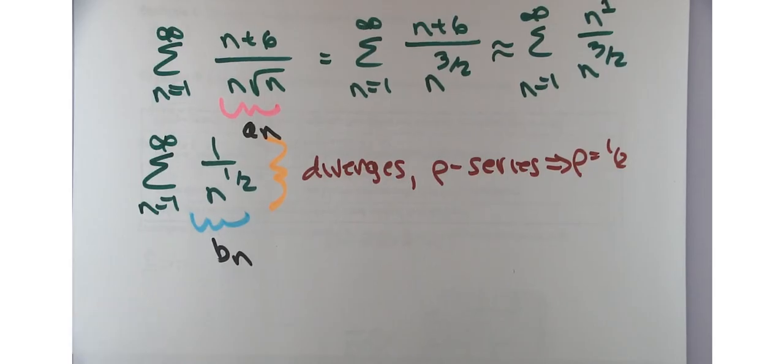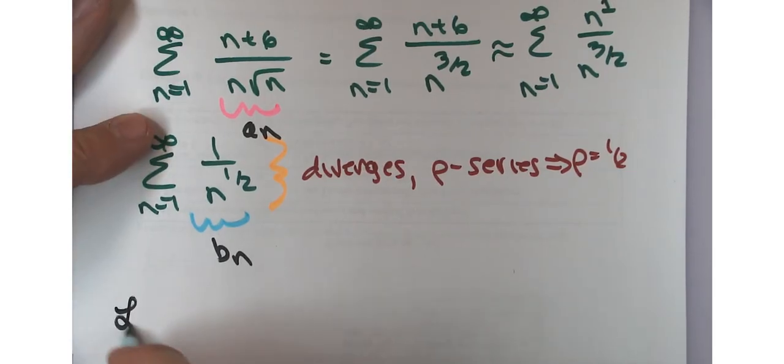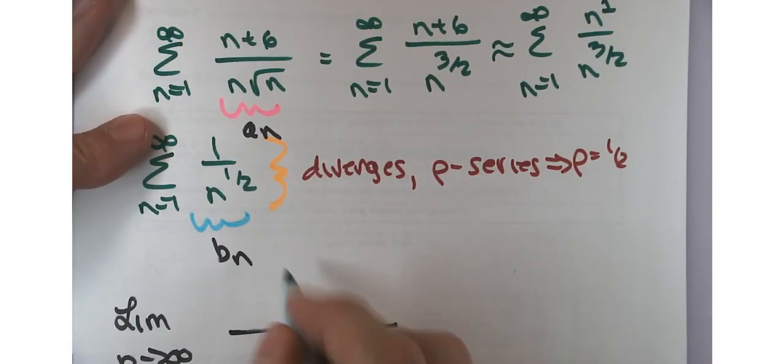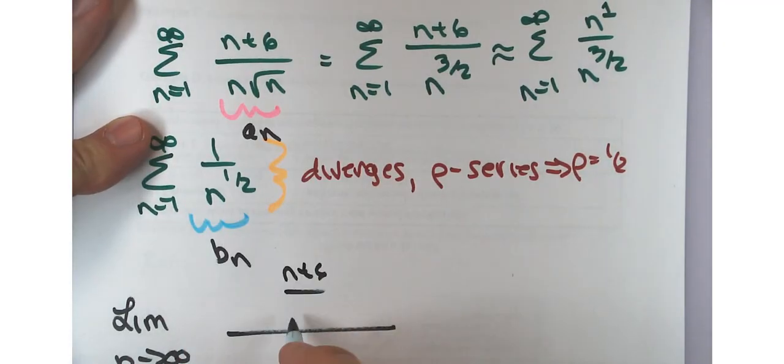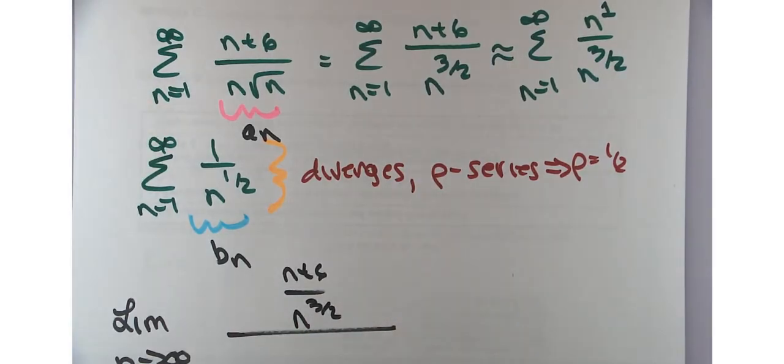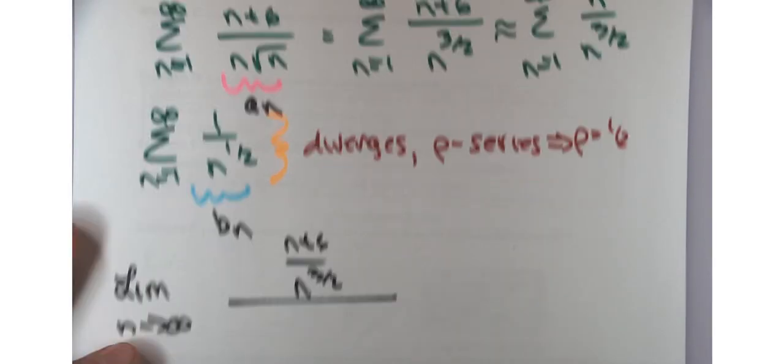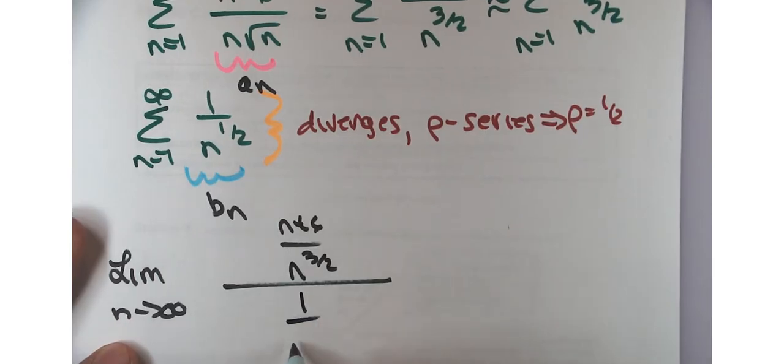So let's take a look at the limit as n approaches infinity of n plus 6 over, I'm just going to write n to the 3 halves here, it's going to be easier than dealing with that n times the square root of n, over 1 divided by n to the 1/2.